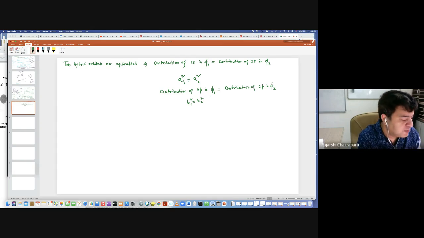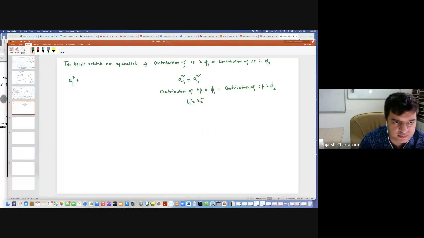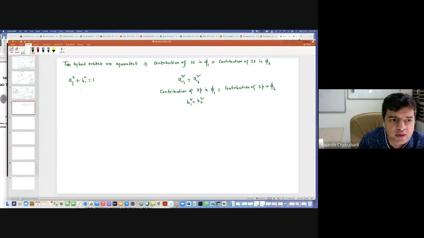If you have any question, let me know. Now you had the condition a1 square plus b1 square equal to 1.